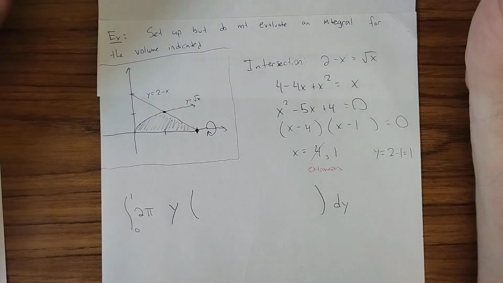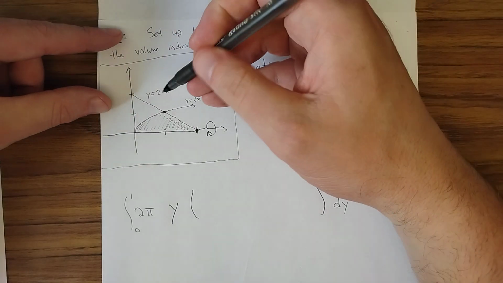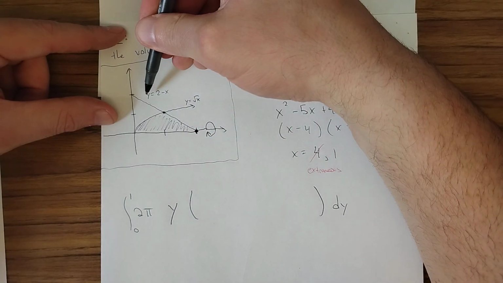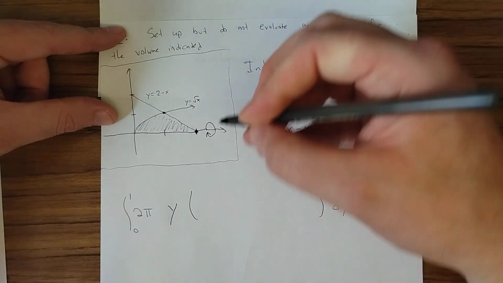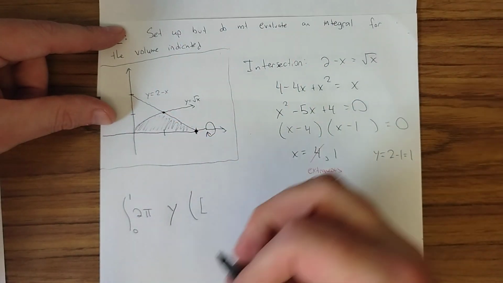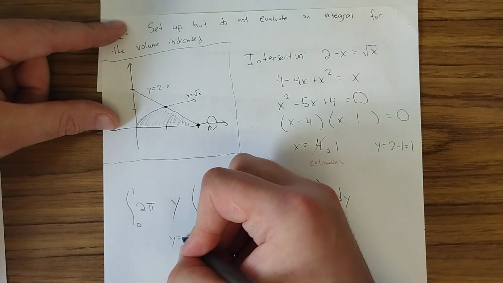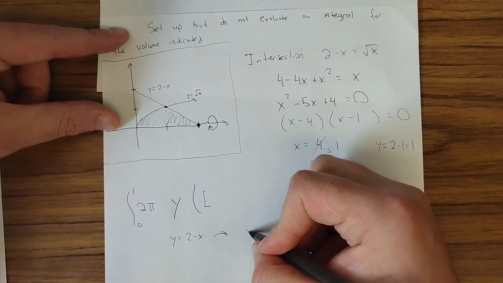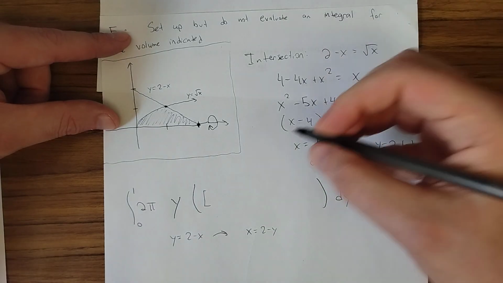So I'm going to fill in this set of parentheses with my h. The x value on the right is given by this curve. And if I solve this for x, let me show some work down here. If I solve this for x, I get x equals 2 minus y.